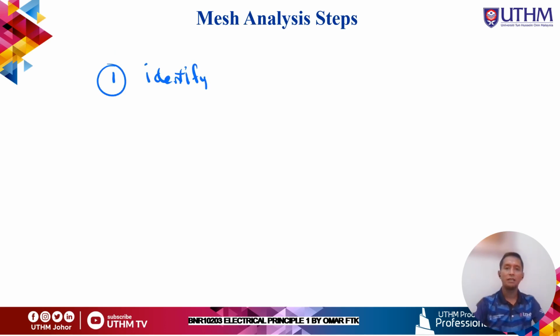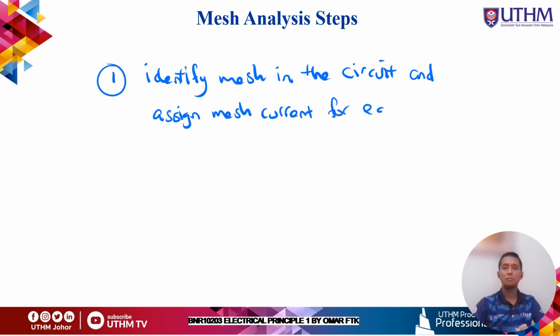Okay, the next one, the steps to do the mesh analysis. The first step, in order to proceed with the analysis using the mesh method, is to identify the meshes in the circuit, and then assign a mesh current for each mesh. That means how many loop currents are in the circuit.